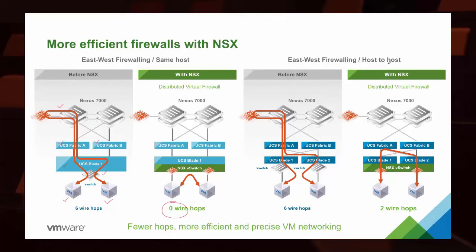But what if we aren't on the same host? What if we're moving from one host to another? Well, inside of a conventional environment, you're still looking at about 6 hops by the time it moves out and back. But with NSX, you're only looking at 2 hops because you're moving from one host and that host's VTEP into another host and its VTEP. And since the control plane allows the distributed firewall to be replicated across all of the hosts inside of the environment, we're able to reduce the complexity and still provide greater speed while providing more security.